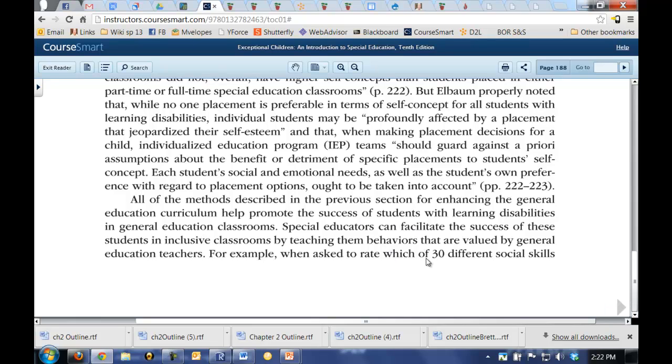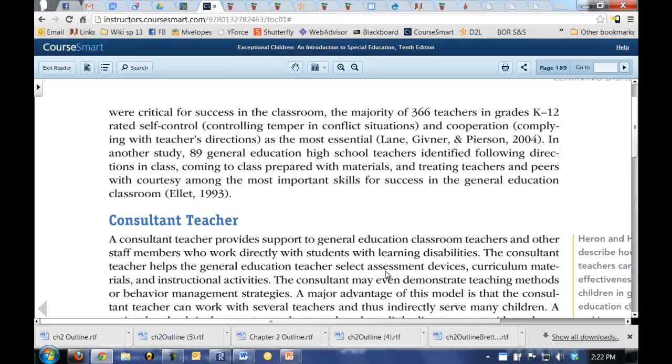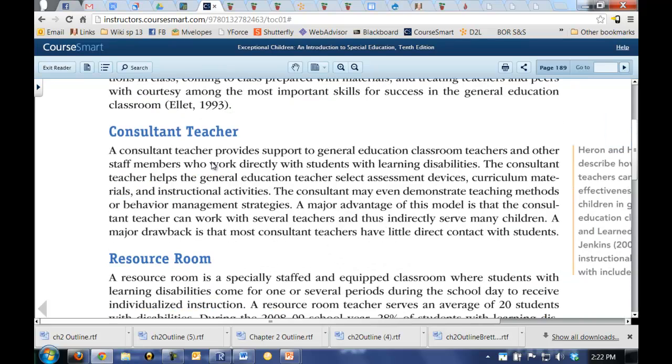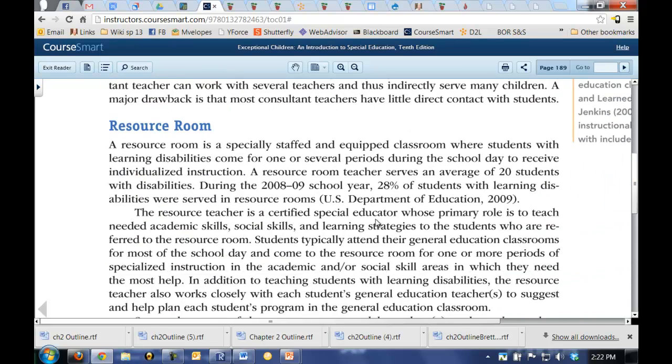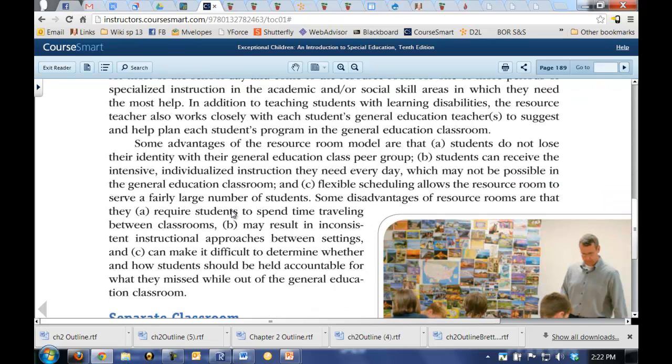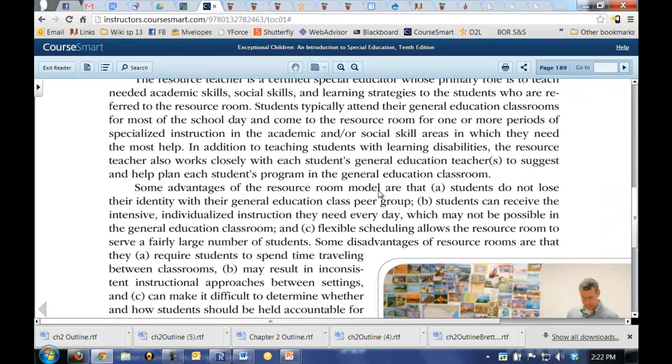The previous section described enhancing the general curriculum to help promote the success of students. Special educators can facilitate success in the classroom by teaching them behaviors that are valued. Okay. Then the consultant teacher, it talks about what they do, and the resource room. Some advantages of the resource room model are students do not lose their identity with the general classroom peer group, students can receive and identify individual instruction, and be responsible.